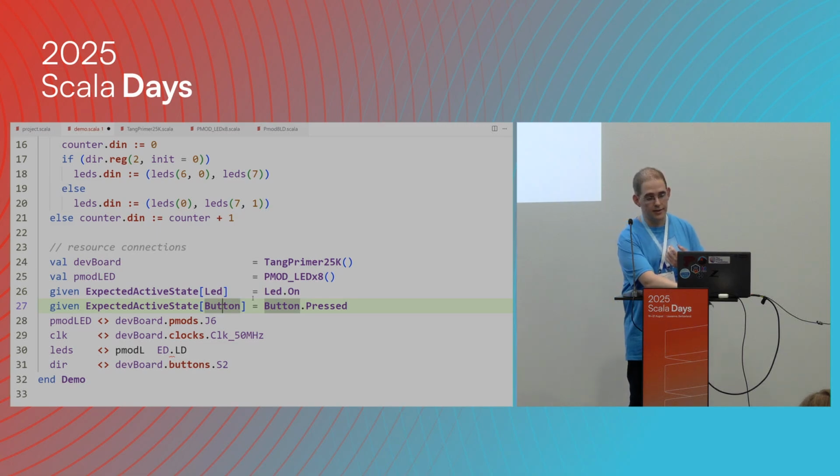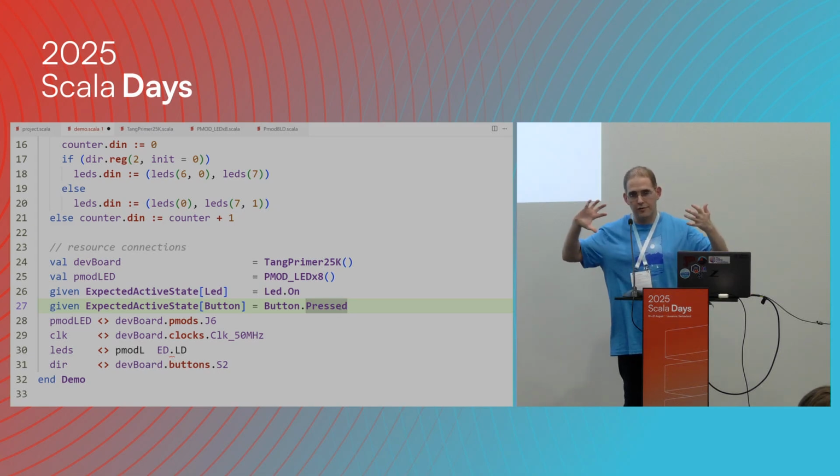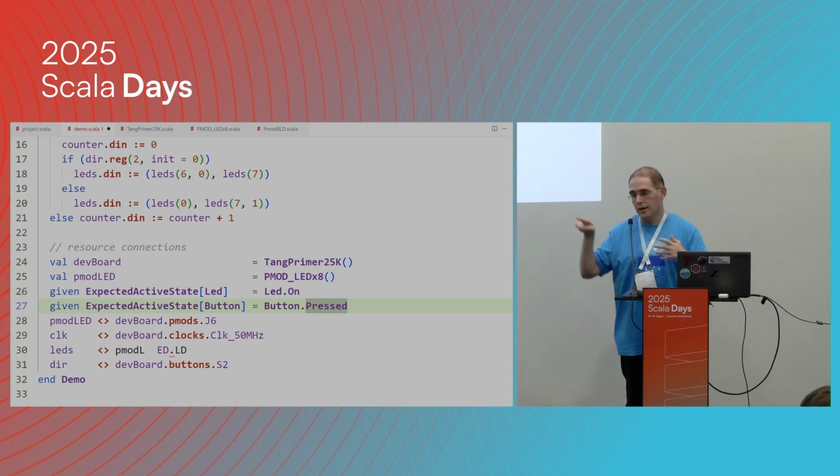So you're saying, okay, LED is on, that's when the LED is active, and when the button is pressed, that is when the button is active. But the person that made that board made it differently. You don't care. The type system works it out for you. Because you have different types connected, one inverted, one not, it's already applying the inversion automatically for you. So when you map these kinds of boards, you can do that yourself. You use the type system, and the type system handles everything for you.